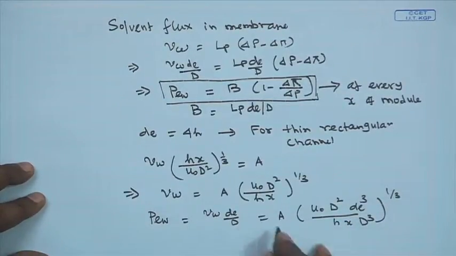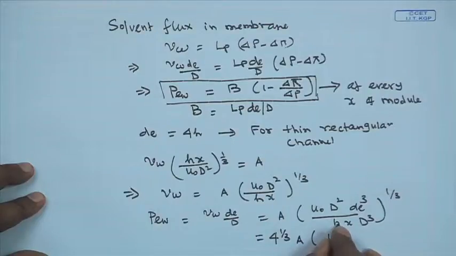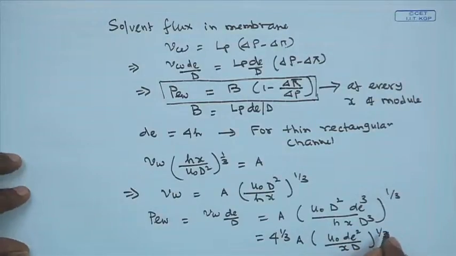We will just put H is equal to d by 4. So this becomes 4 to the power 1 upon 3 A u0, this d will be cancelling out, D squared divided by x d to the power 1 upon 3.